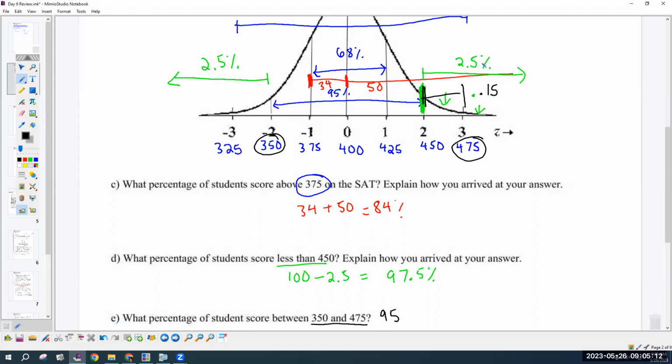I know that this is 2.5. So I know that this area will be 2.35. So I'm going to go plus 2.35 gives me 97.35%.